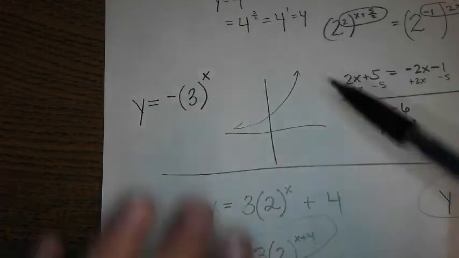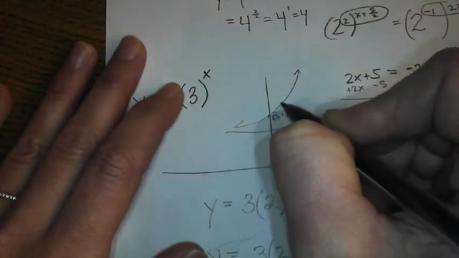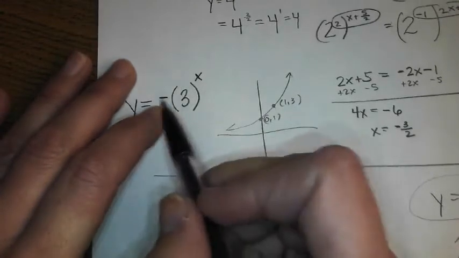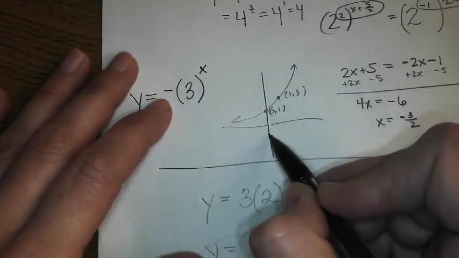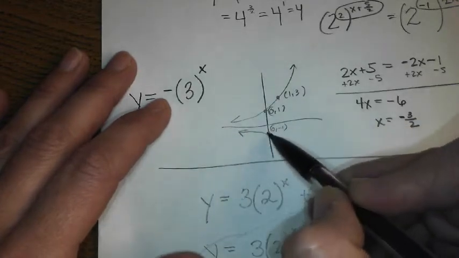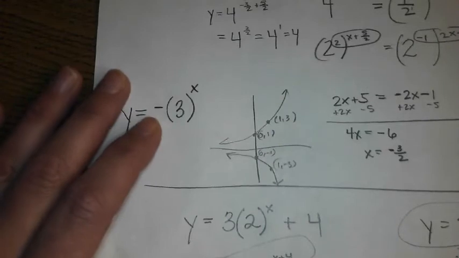Negative 1. Yep. Because your parent graph 3 to the x here was (0, 1) and (1, 3). And then we flip it over the x-axis, which negates our y-coordinates. So now we have (0, -1) and (1, -3). Good?